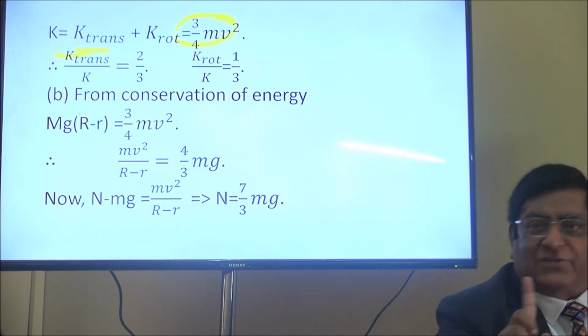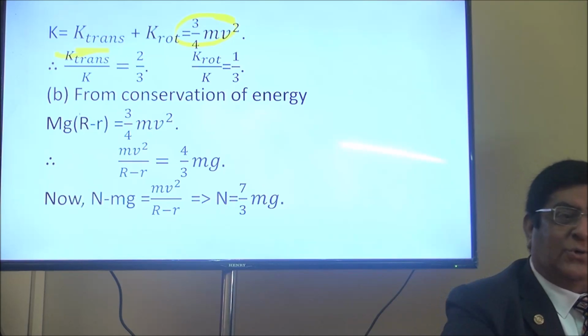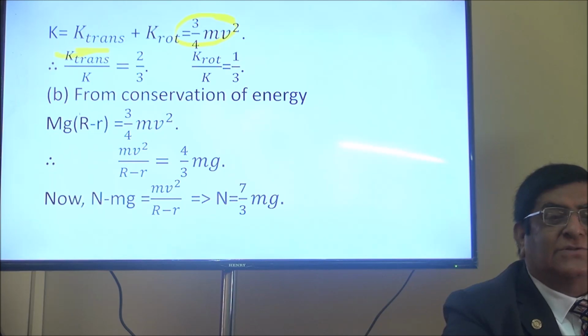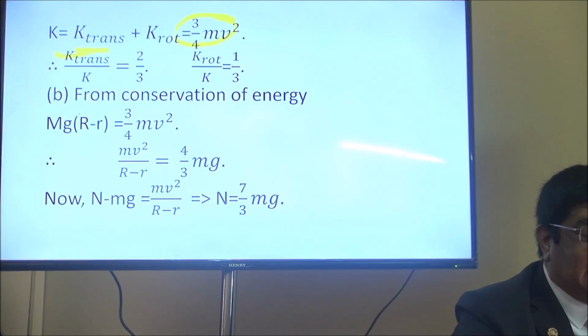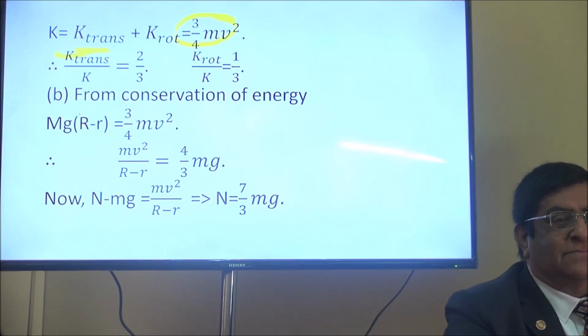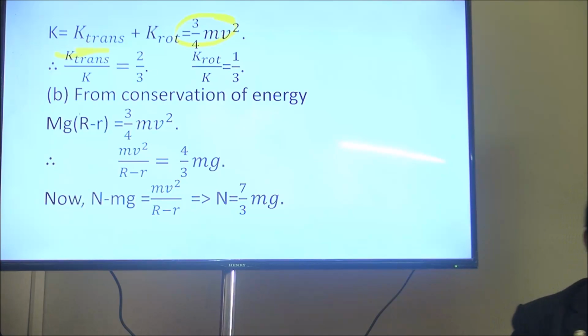Understand? Translational divided by total. You calculated the total is 3/4 mv square. The translational is half mv square. What is the ratio? 2/3. Now find out the other ratio.